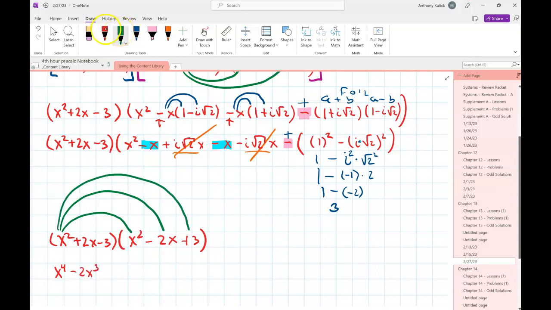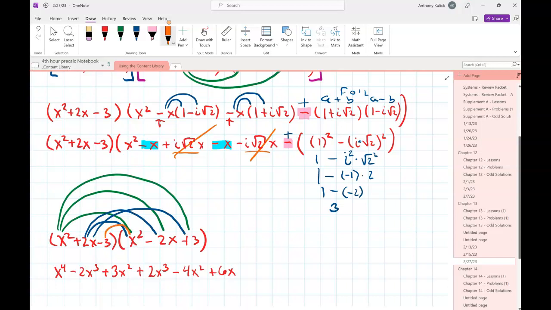X squared times 3 is 3x squared. 2x times x squared is 2x to the 3rd. 2x times negative 2x is negative 4x squared. 2x times 3 is 6x.